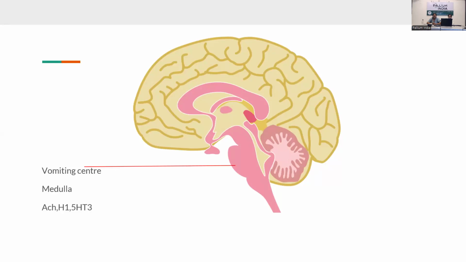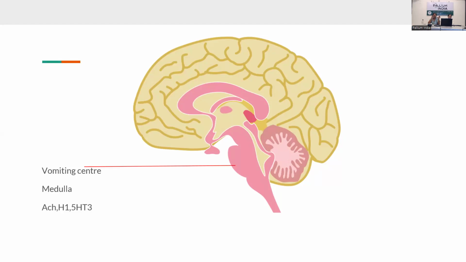So this is a brain, and for anything to happen in the body, if I'm moving my hand like this, if I'm moving my head like this, everything is controlled by the brain, right? So when someone should vomit, we have a vomiting center which is located in the medulla.